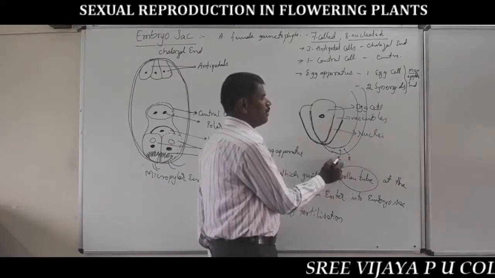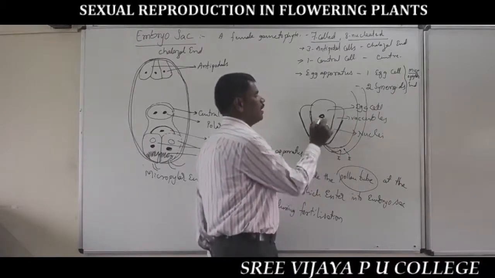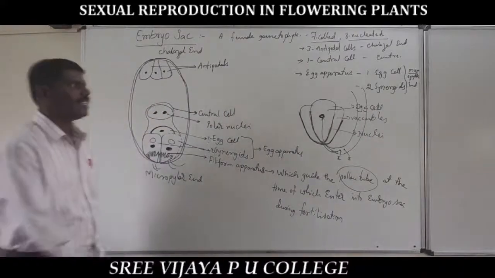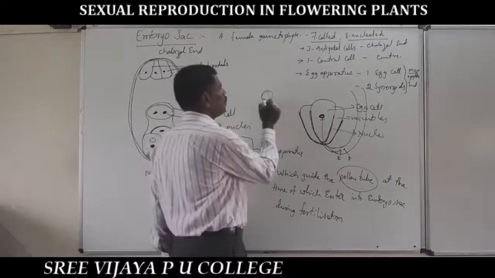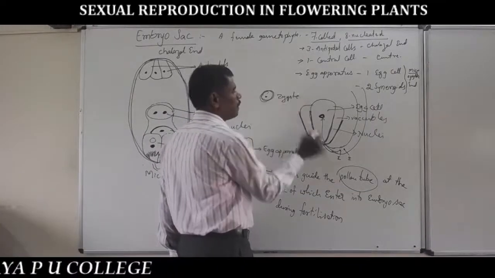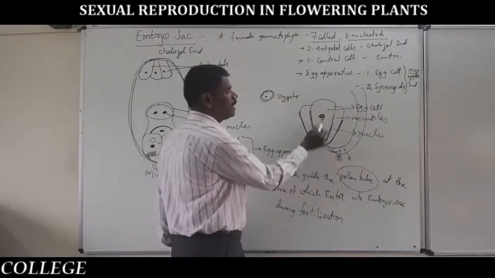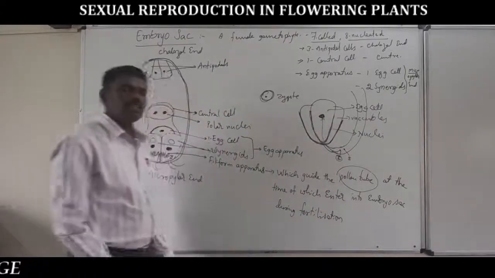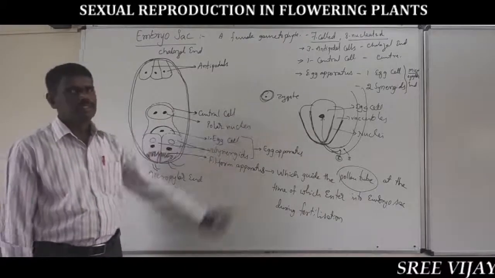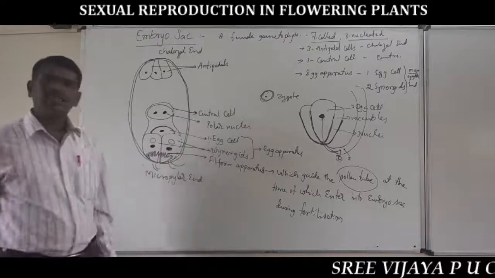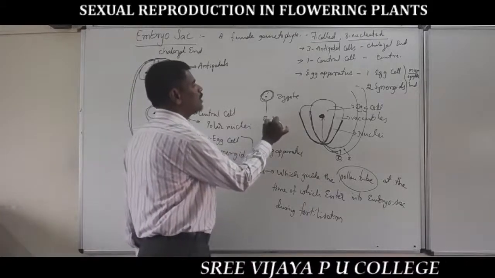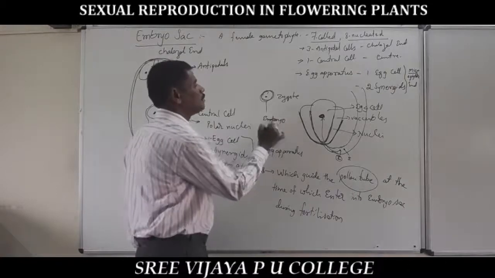The first male gamete fuses with the nucleus of the egg cell, which leads to formation of the zygote. That zygote in future develops as the embryo.